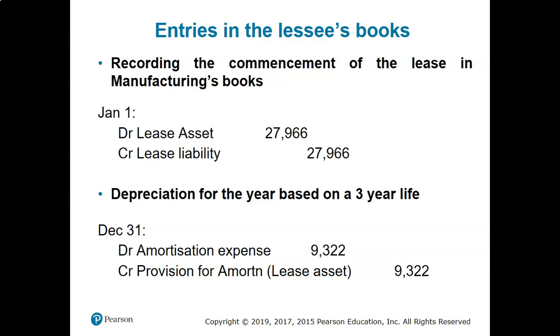So 27,966 divided by 3, then you'll get 9,322 as the depreciation, the same amount for the first year. So 31st of December, first year. This is the amortization expense, depreciation expense, and provision for amortization, or traditionally you can record it as depreciation expense debit, lease asset credit, or asset account credit, this amount.